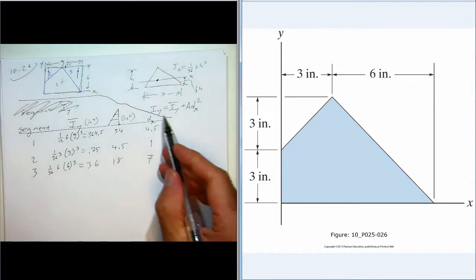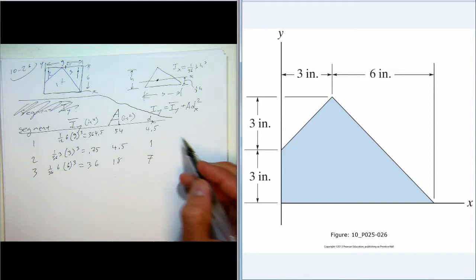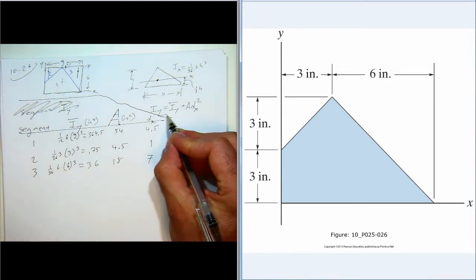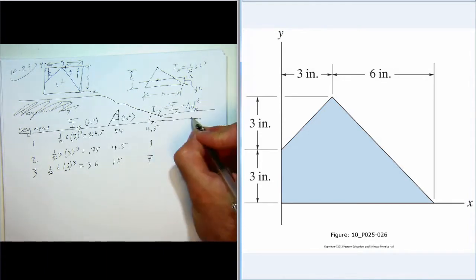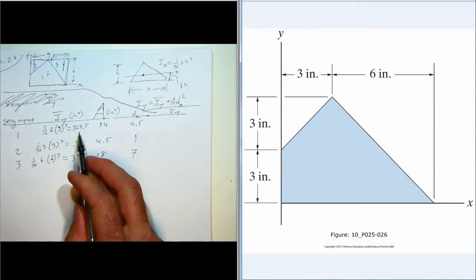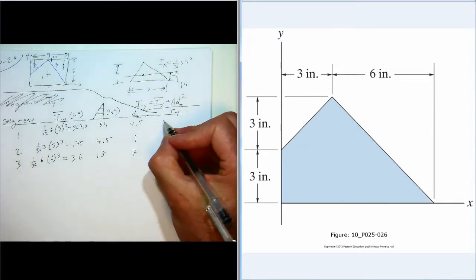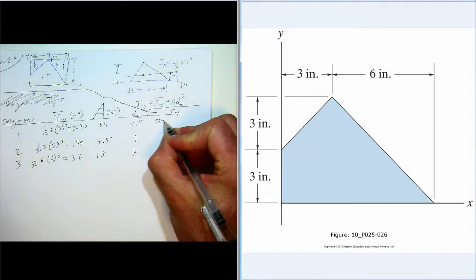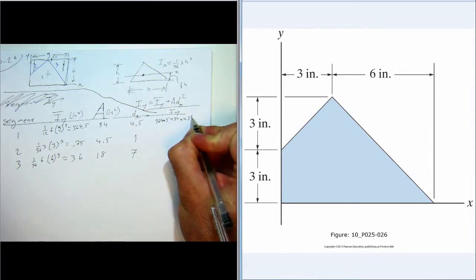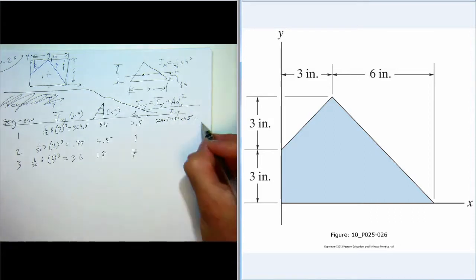And now we have all the information we need to find the moments of inertia of these segments about the y-axis. So go ahead and make another column in this table. This one is 364.5 plus 54 times 4.5 squared. So that's 1458.